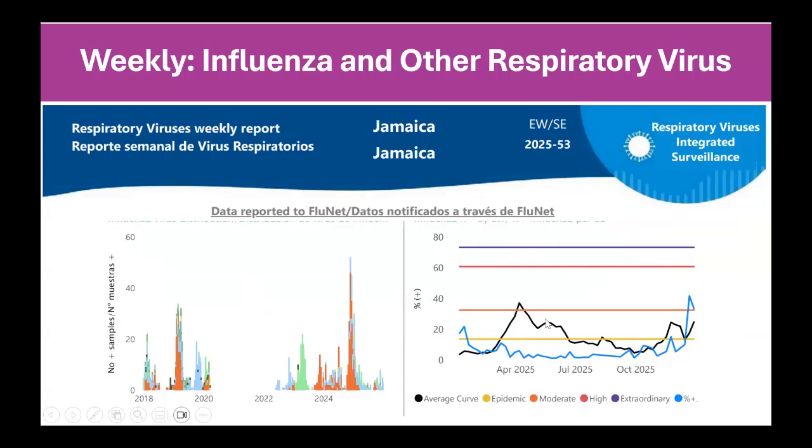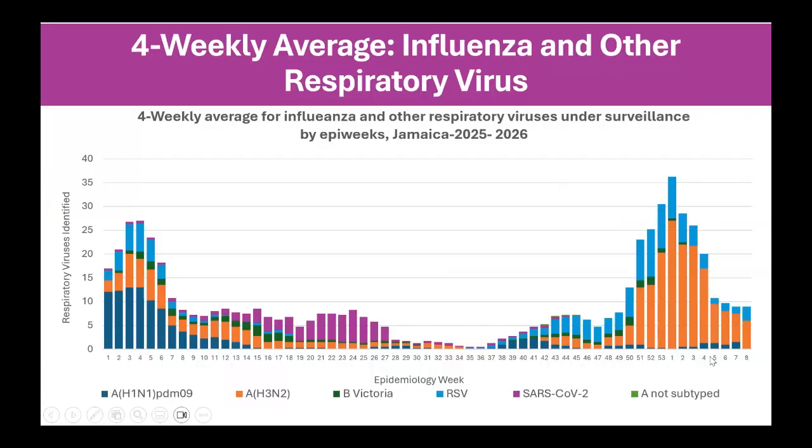So the black is the average curve, and the blue is what we have been seeing. So it appears that we are seeing the worst. And then when we look at the 4-weekly average we see we went up at the beginning of the year, end of last year, beginning of the year.